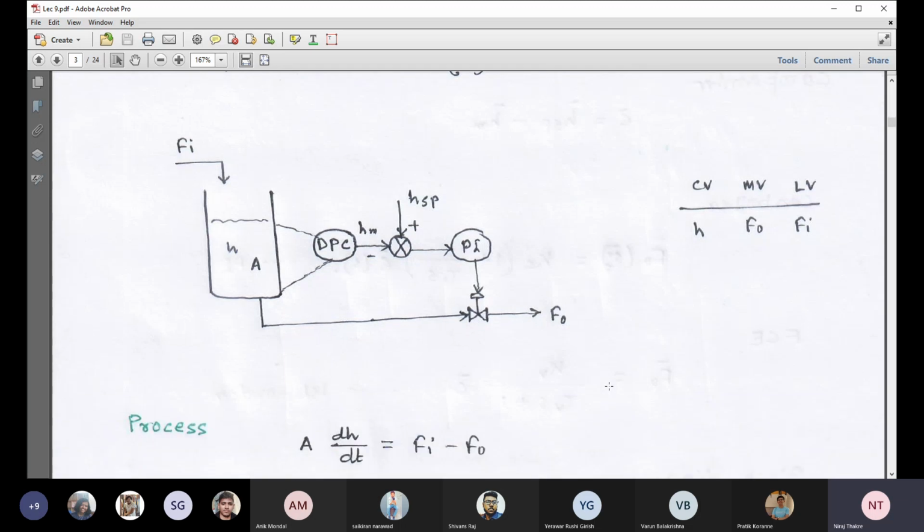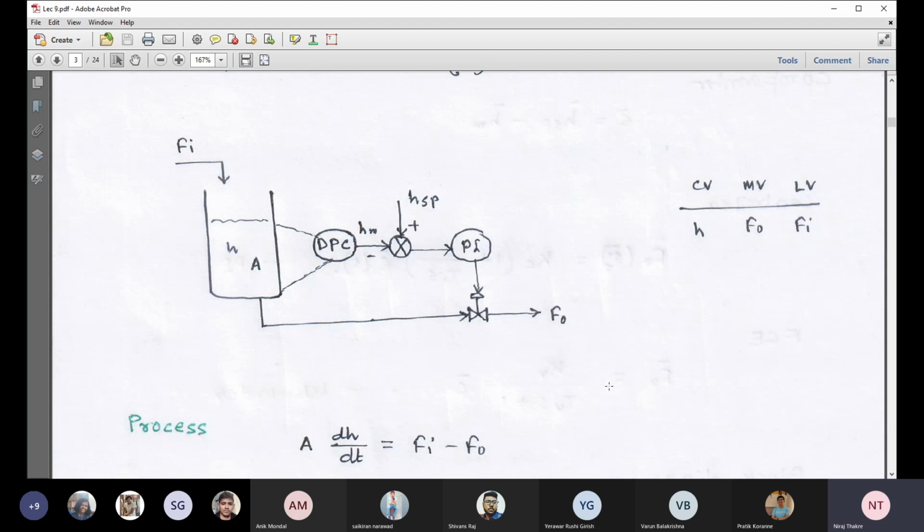If we want to develop the transfer function for the process, first we need the process model. That is why we have discussed the process modeling part extensively before. So this is the process model.